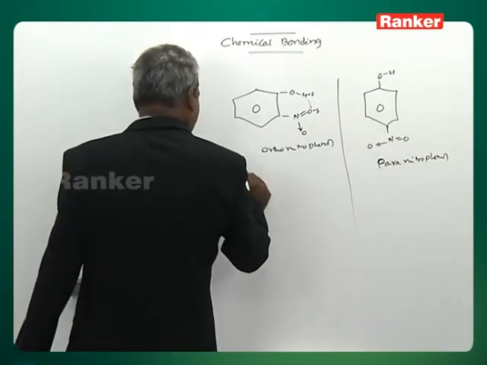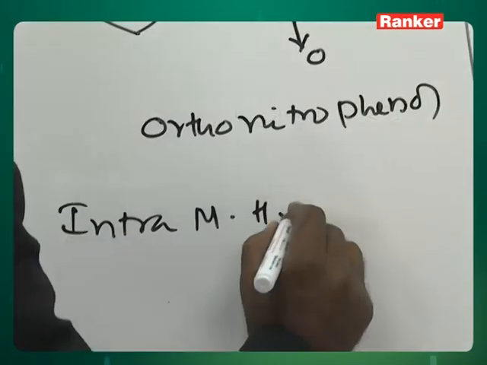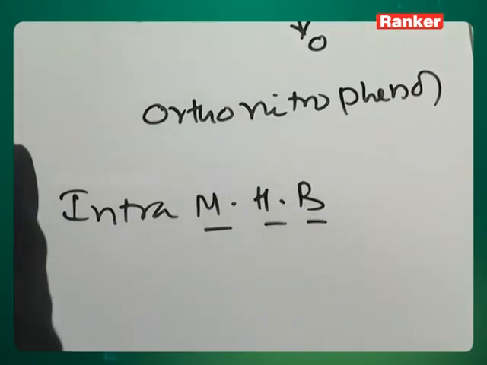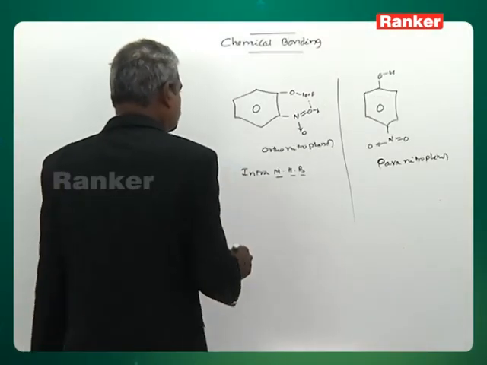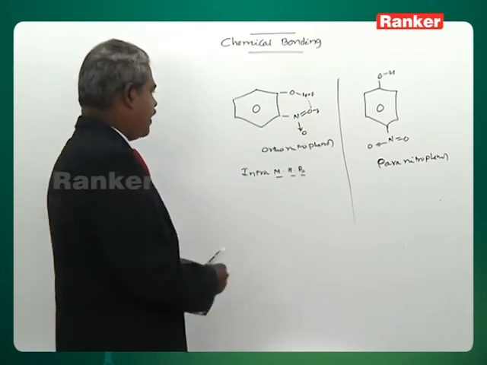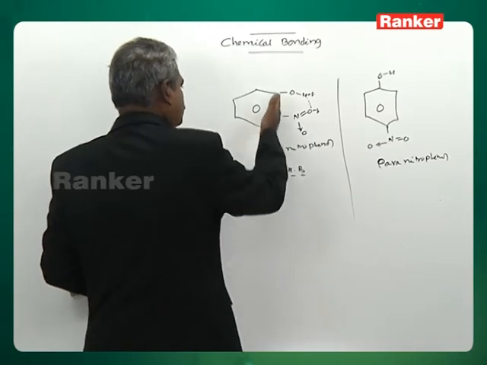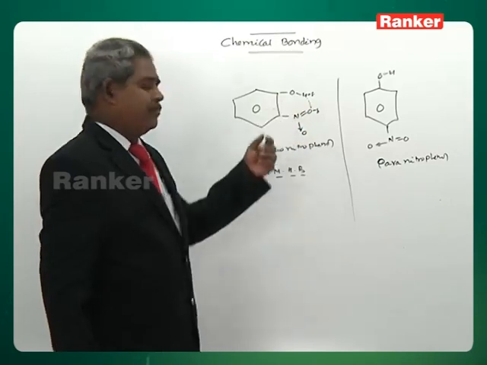This is called intramolecular hydrogen bond. Intramolecular hydrogen bond. Intra, within the same molecule. So, this is nothing special. You have a coordinate covalent bond here, a pi bond here, 3 pi bonds here, so many sigma bonds. So, this is just one other bond.